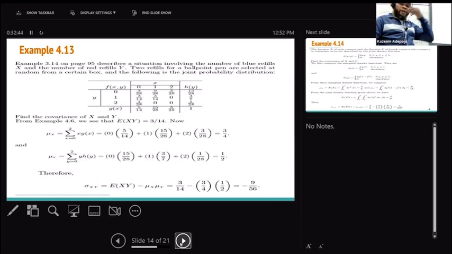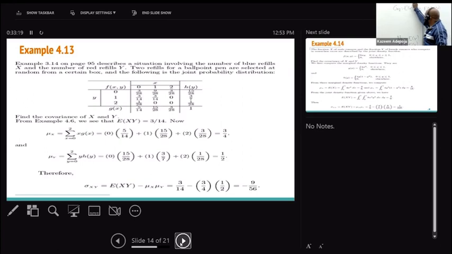Now, what am I doing here? We are back at the discrete example. The question is to compute the covariance. And the fact that you know the covariance formula, whether you are dealing with discrete or continuous, the covariance formula is sigma xy equal to expected value of xy minus expected value of x multiplied by expected value of y.